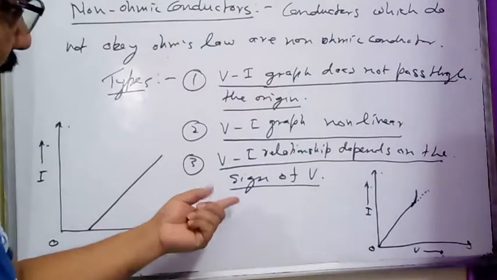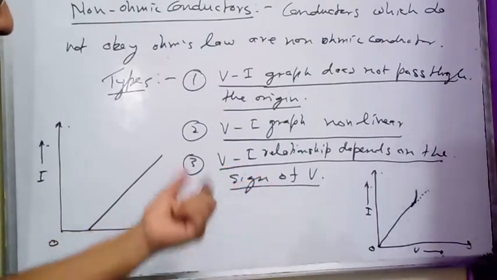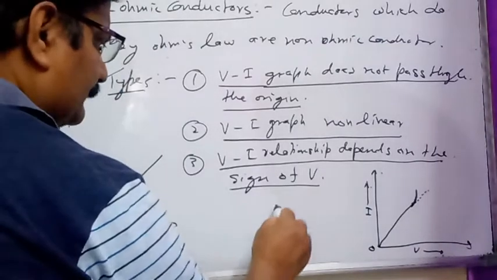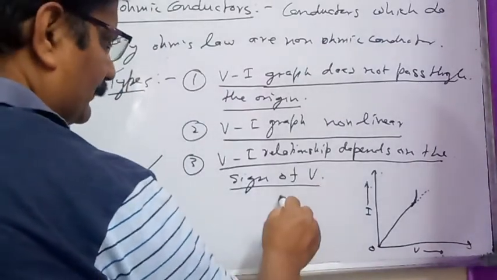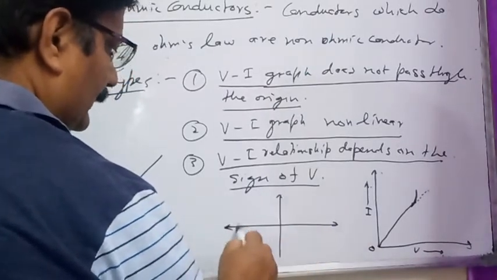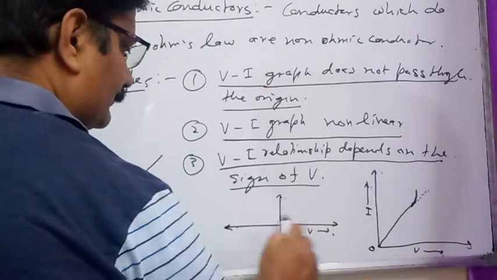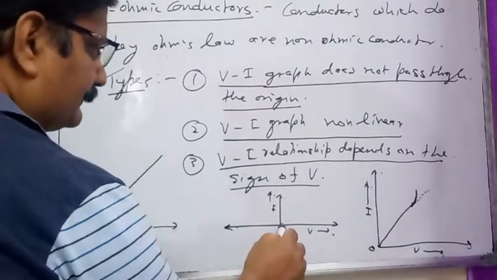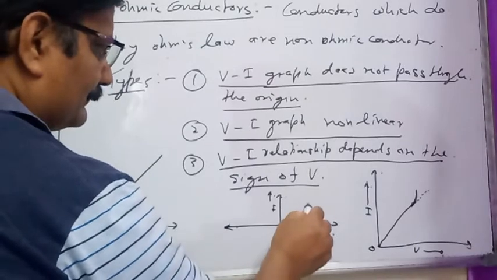In the third category, VI relationship is dependent on the sign of the applied potential. Suppose we have a PN junction diode. If we plot a VI graph for a PN junction diode, if V is positive and this is current positive, the graph looks like this.